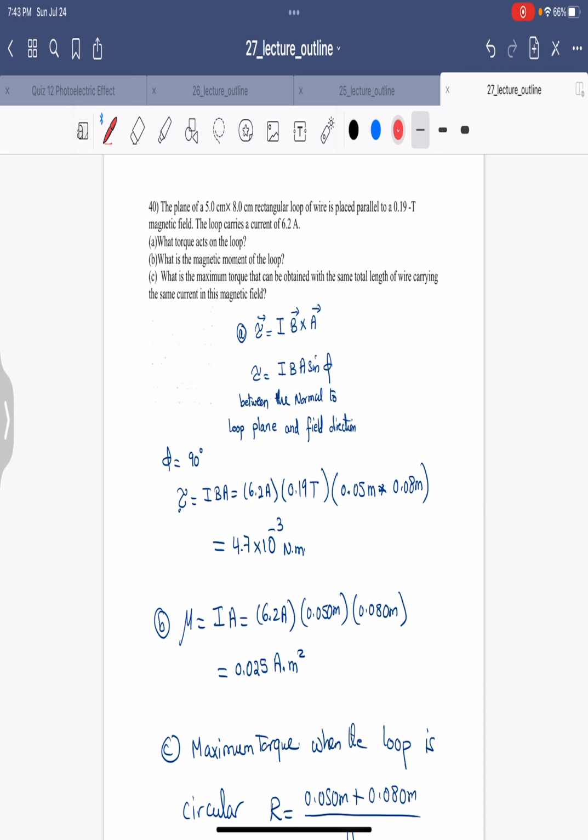Then A is pi r squared, and from that we will be able to calculate the area and then calculate the torque.